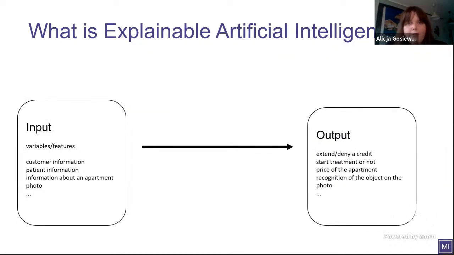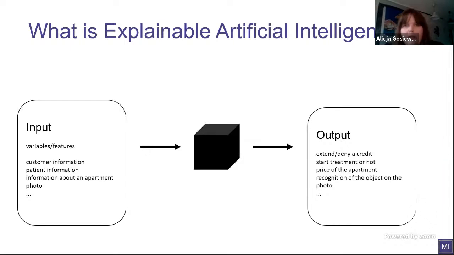But to start from the beginning, a short introduction about explainable artificial intelligence. Let's suppose we have some input data, for example customer information from a bank, and we would like to predict whether we should give or deny a credit to such a customer. It is a classical machine learning problem, and we can use any model, for example a neural network or XGBoost, but such models have a strong disadvantage, especially in regulated areas like credit scoring, because they are really complex and opaque.